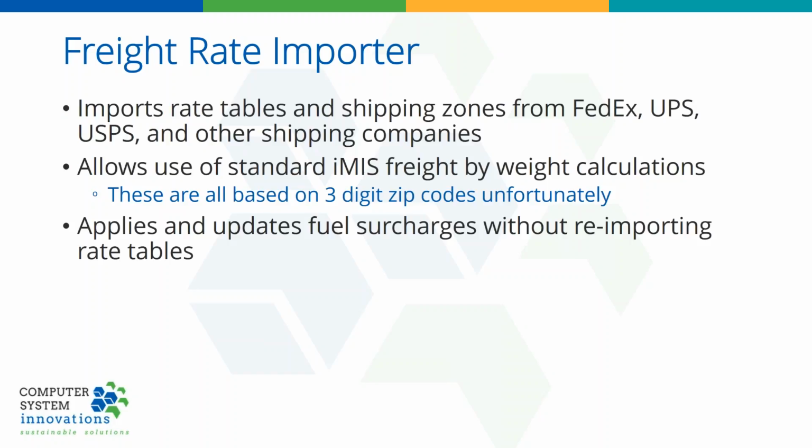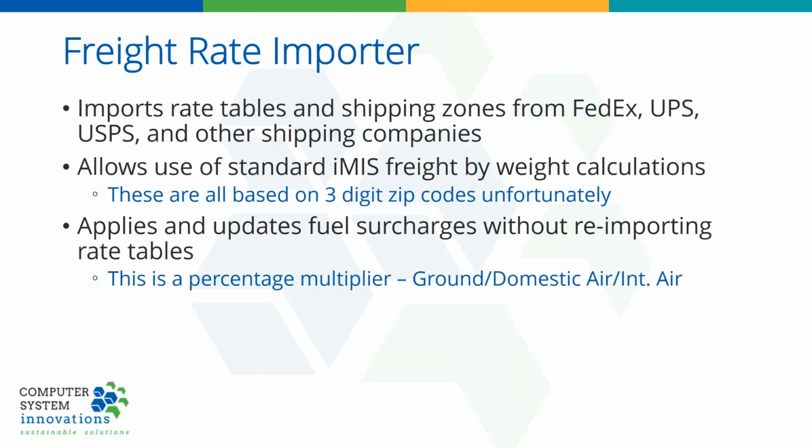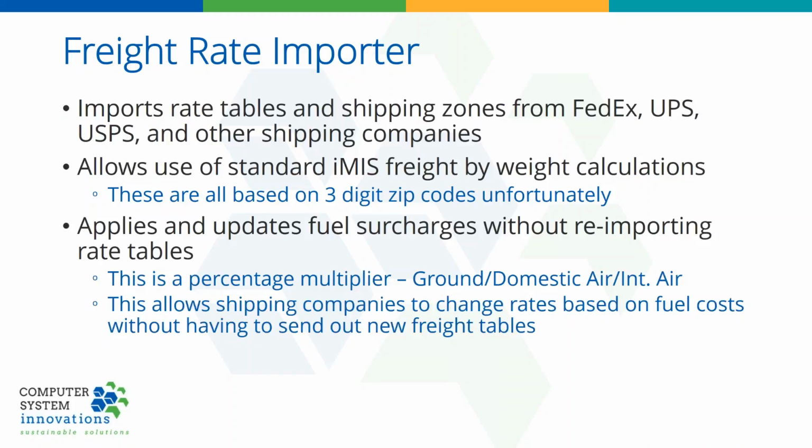This was probably one of the second most powerful things, the fuel surcharges. What they are is a percentage multiplier. And instead of shipping companies saying we've got new rates again, so here's a new freight table, they just change the multiplier. There's always a multiplier.